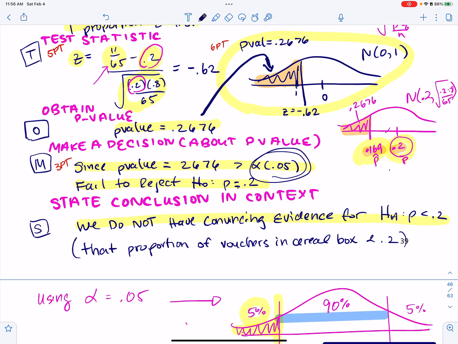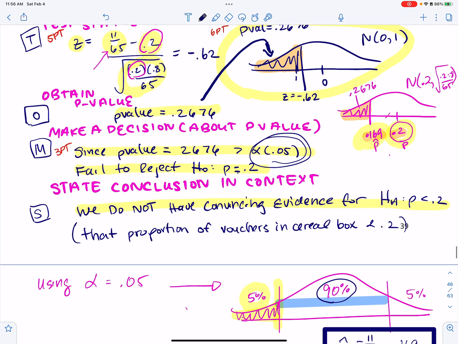And since it's one-sided, and so I put 5% on this side, 5% on that side, then 90% is left in the middle, and that means that's the confidence interval that I'm using because the confidence interval is always the center percent around my mean. Okay, so we're going to do a 90% confidence interval.